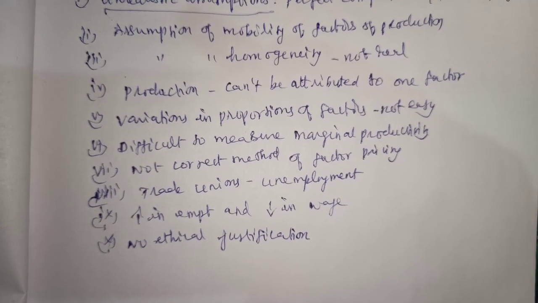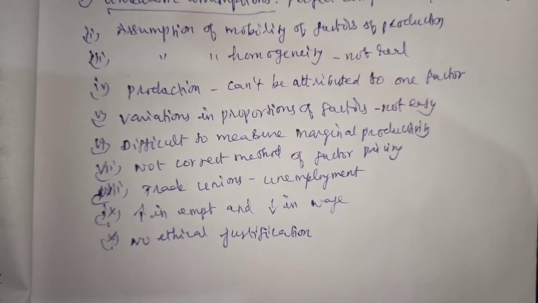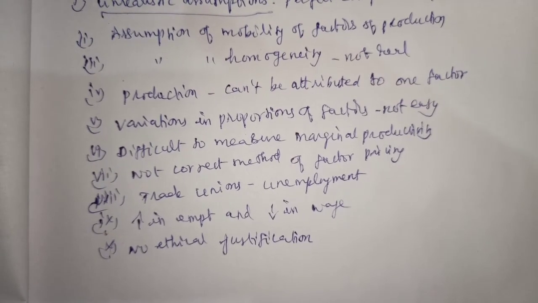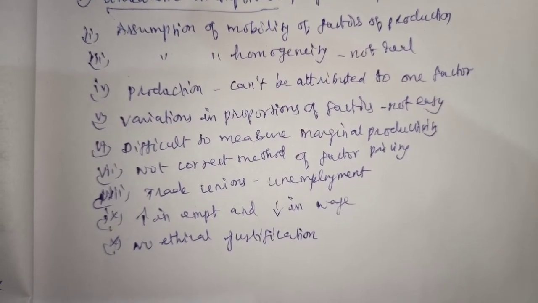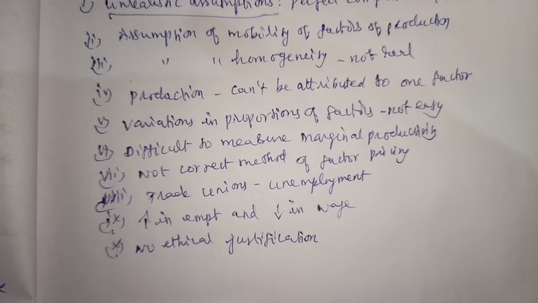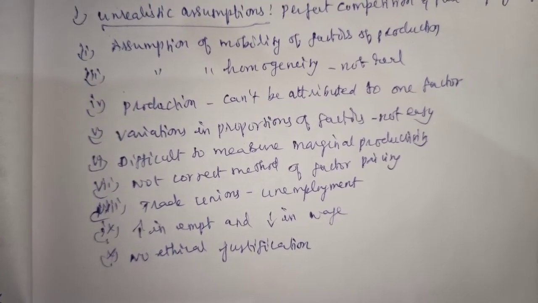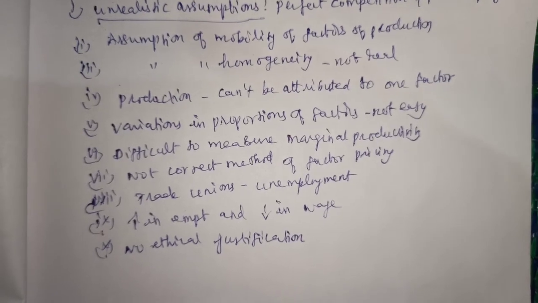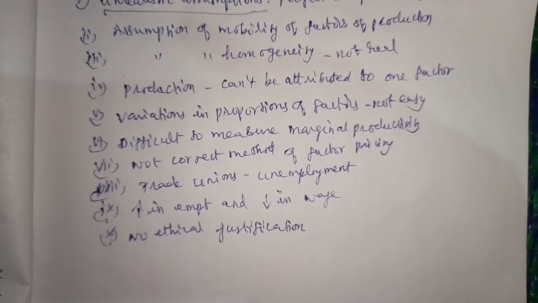Trade unions will resort to bargaining, and they will often remain unemployed, because they will fight for wage. If the wages are reduced, they will not come for the job. So this is another criticism.